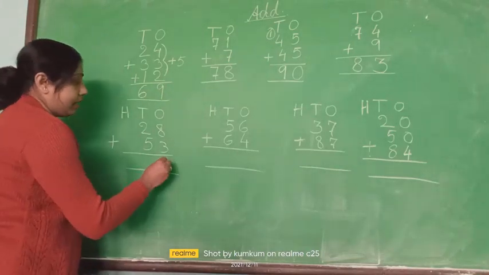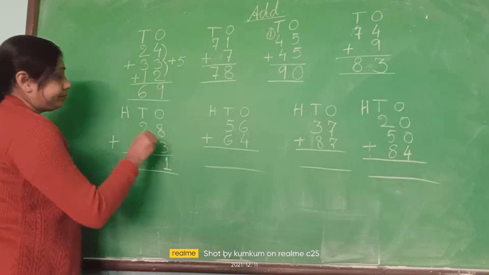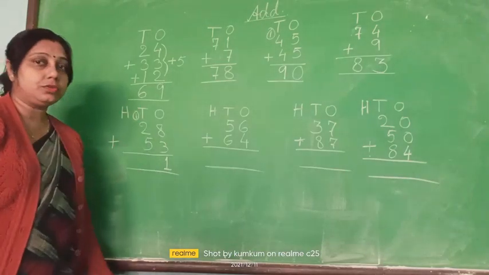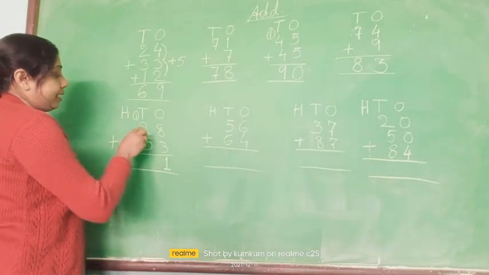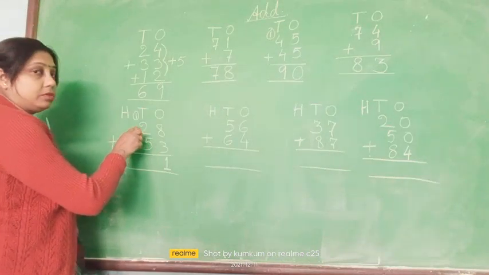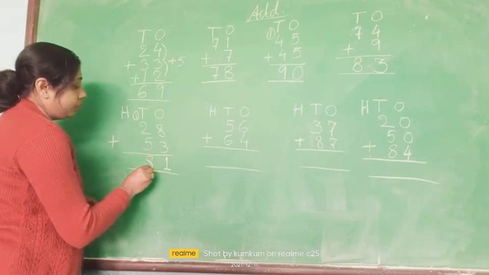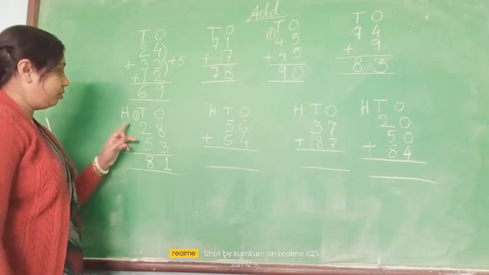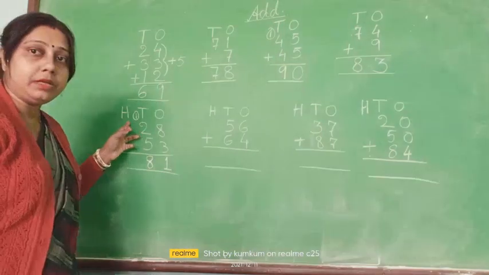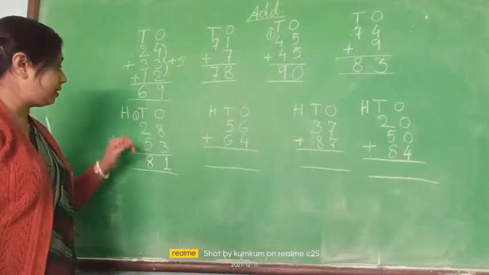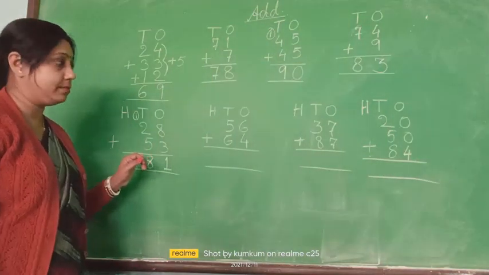So 11, 1 I am going to write here. I will carry here 1. So here if you are adding 5 plus 2, 7 plus 1, 8. But no hundreds house. No number is there in hundreds column, so we are not going to write any number here. So nothing is there, hundreds column is vacant.